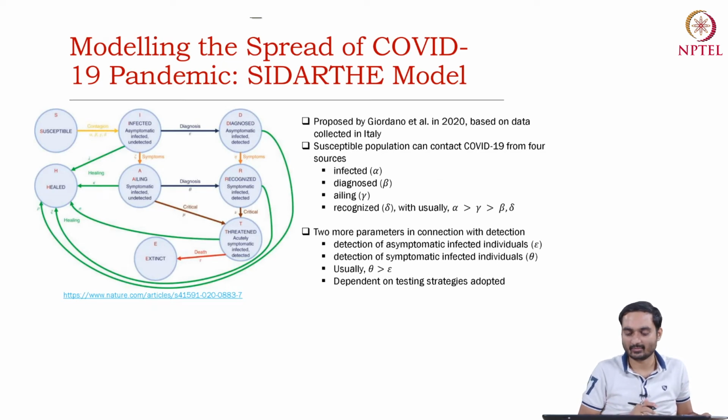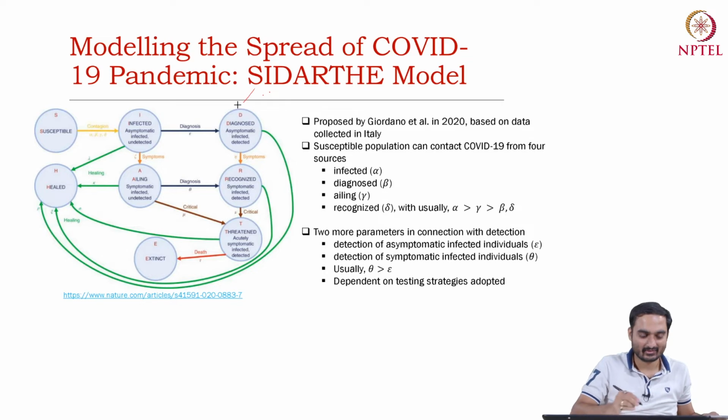Okay. So the model that I am going to discuss here is one of the many models that have been proposed so far, and this model is named SIDARTHE. These names correspond to different states.